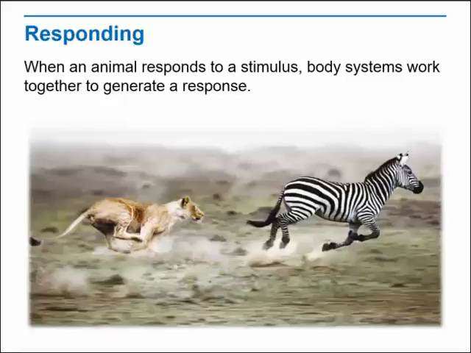A lion's decision to chase prey is carried out by muscle cells that produce movement. In that case, nerve cells called motor neurons carry directions from interneurons to muscles. Other responses to environmental conditions may be carried out by other body systems, such as respiratory or circulatory systems.